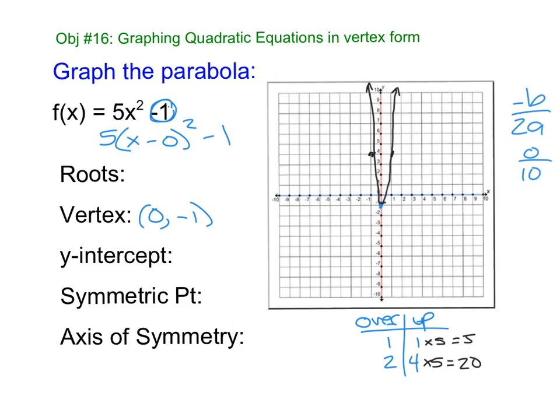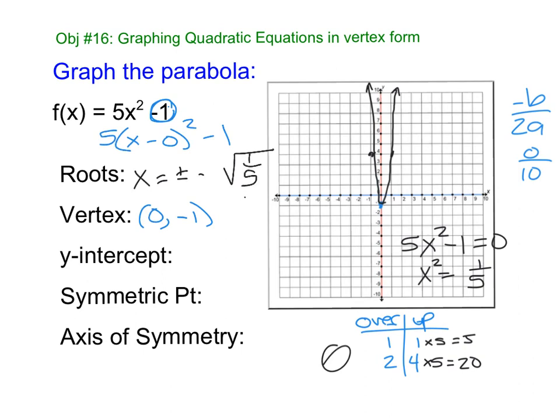So for me to find the actual roots, I would have to do 5x squared minus 1 equals 0. It's actually not that hard to solve. X squared is 1/5. So we get x equals plus or minus the square root of a 5th. Oh no, what is wrong with my pen? It won't let me write.